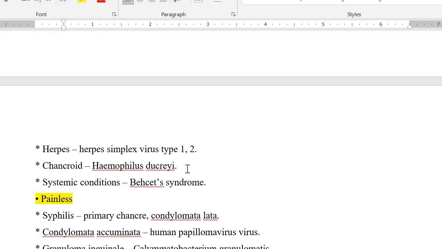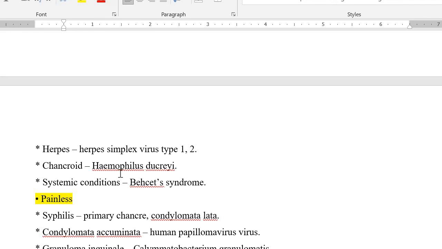Then chancroid, caused by Haemophilus ducreyi, and then systemic conditions like Behçet syndrome, where the patient will have weeping, eczematous ulcers. So these are the three conditions if the ulcers are painful.